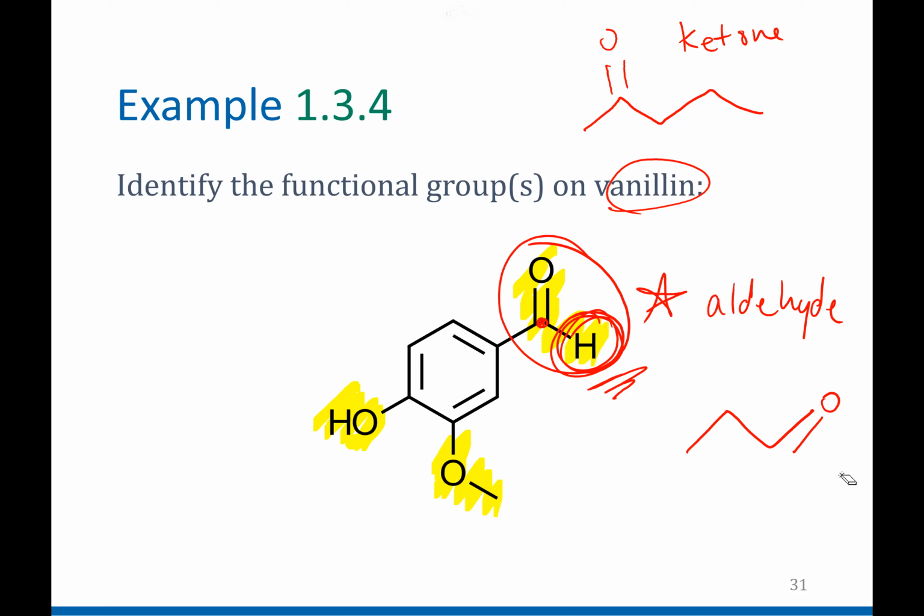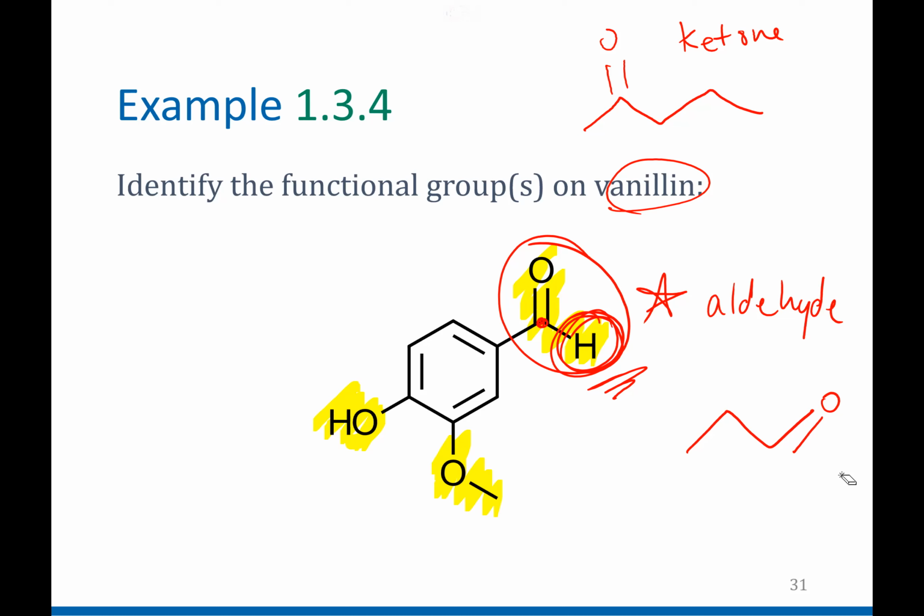I was just looking to see if I could figure out what type of Arabic word aldehyde came from, but I can't. But I'm pretty sure it comes from Arabic. I would be surprised if it didn't. Anyways, I'll look that up on my own time, and maybe next week when we have class. I guess we have class on Sunday afternoon. If I can find out where aldehyde came from, I'll let you know.